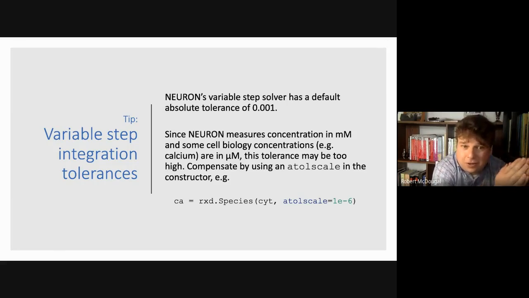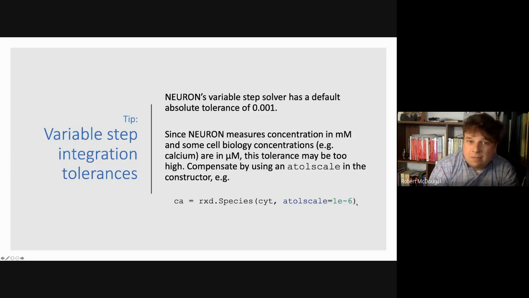You can do this for your electrical states as well, to help it figure out that a gating variable should have tighter tolerance than the membrane potential, for example. And if you're using the graphical interface, there are ways of doing this point and click with NEURON. But from the programmatic side, here's how you do it with a chemical species: when you define it, go ahead and specify an atol scale.